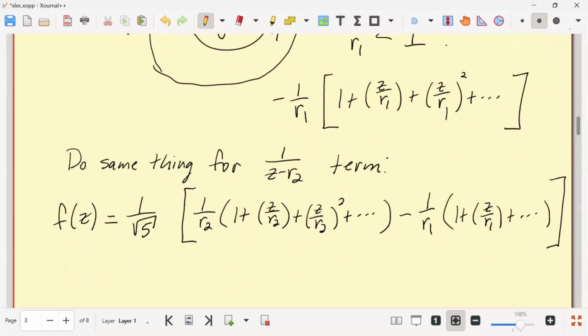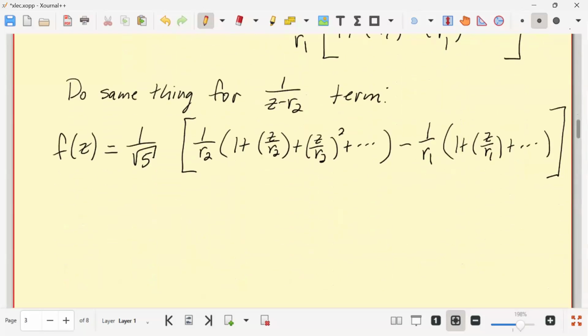And now I can combine those two and get the power series for F. Let's see. And now it's just algebra.